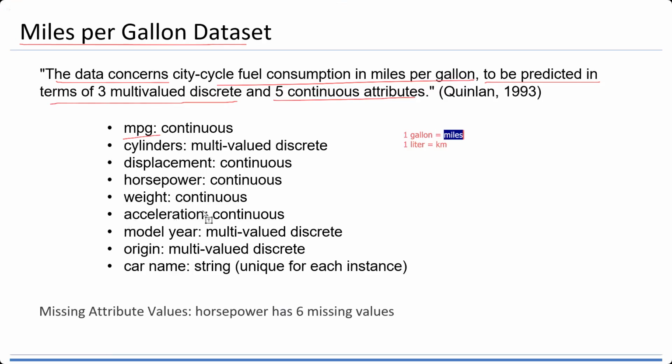Acceleration, so how fast the car from the starting point, it is continuous value. Model year, so it is the multi-value discrete. Origin, multi-value discrete. And car name, it is string, unique for each instance. So there is a note, there are some missing attributes. So in the horsepower, there are 6 missing values.